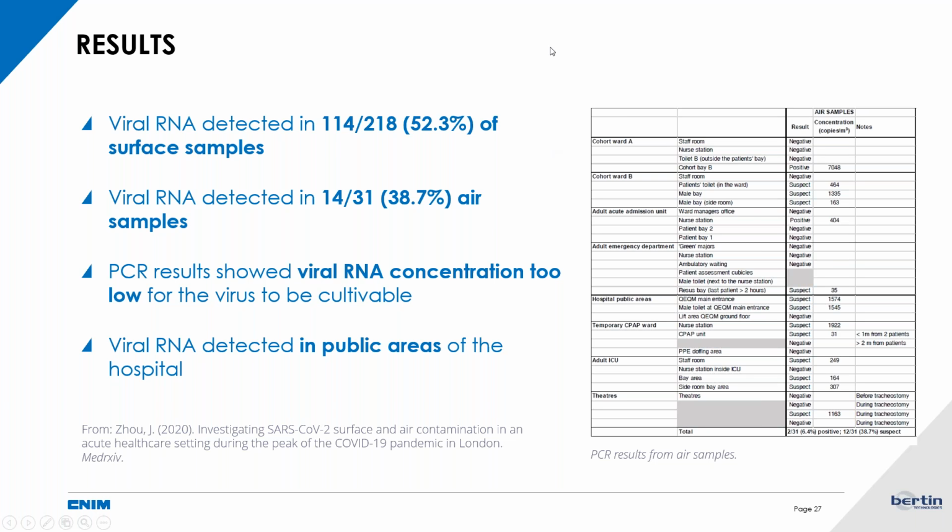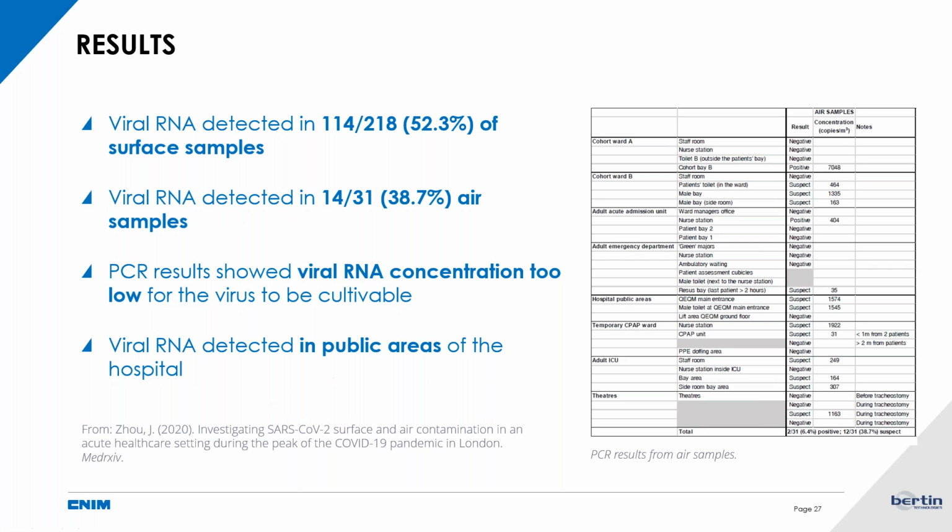Anyway, as I said before, they were using only one fraction of the collected air. They were really reducing it to 1 cubic meter of air. So maybe a longer collection of air or bigger samples would match more with the surface samples result that they show.